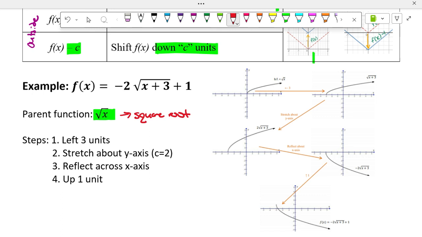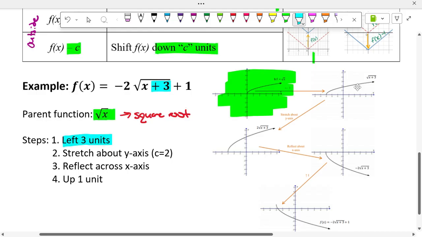This is what they did in order. They started with the parent function. So this right here is the parent function. They then went left 3 units, which is given by this plus 3.